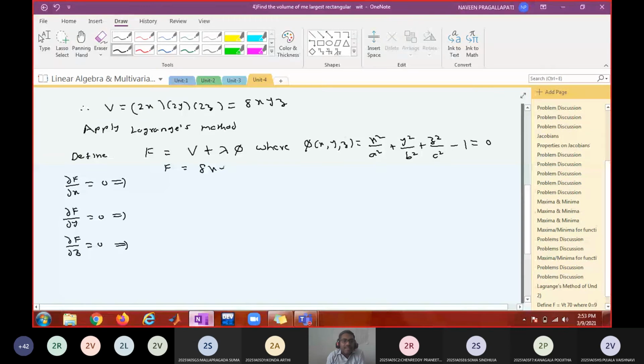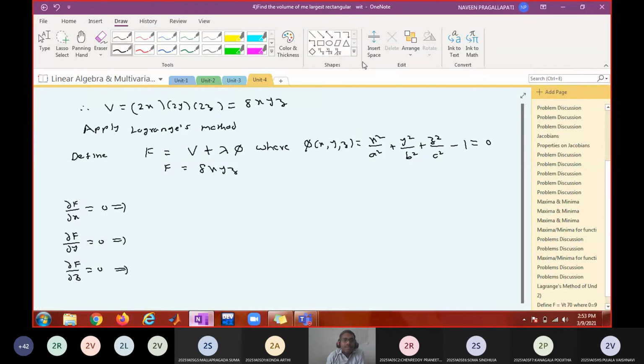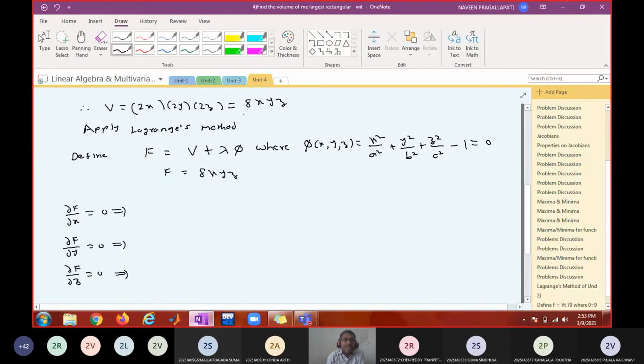What is F actually? F equal to 8xyz plus lambda into x square by a square plus y square by b square plus z square by c square minus 1.